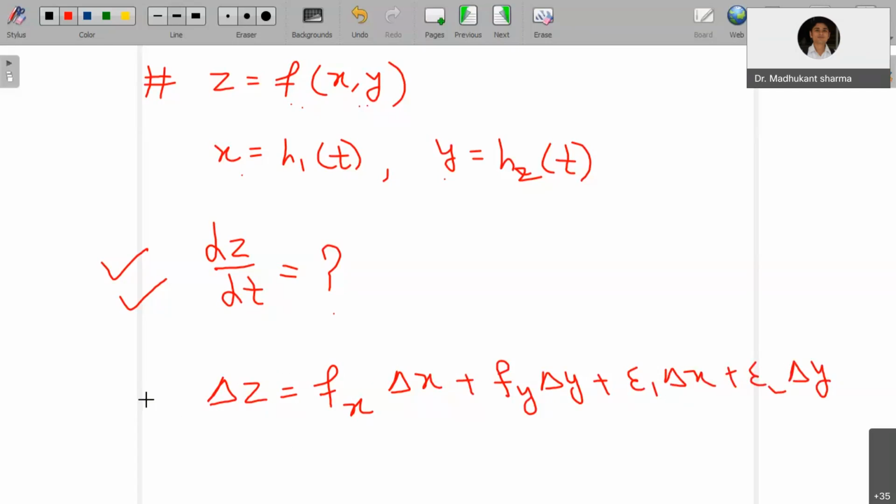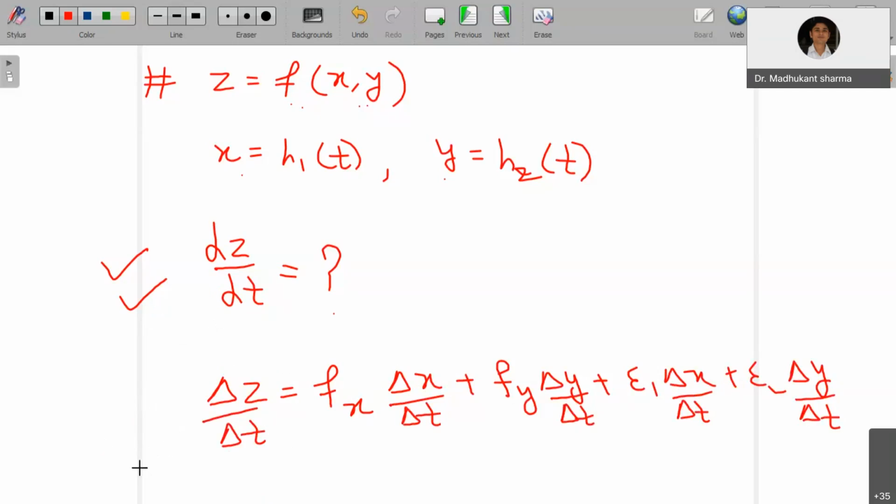So if everything is fine, and you are interested in dz by dt, you divide both sides by the increment in the t direction, delta t.